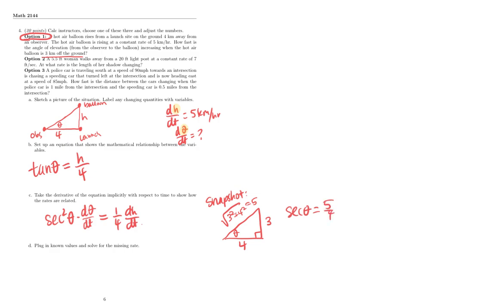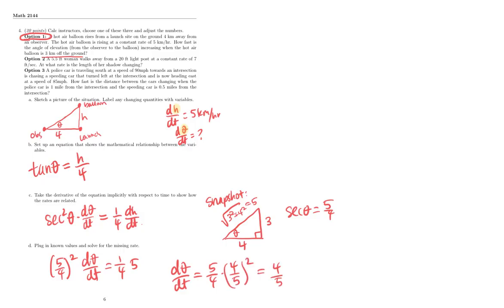So I'm going to plug in my known values to solve for the missing rate. So I'll have (5/4) squared d theta dt equals 1/4, and then dH dt I know is 5. So I can multiply that over, and I'll get d theta dt is equal to 5/4 times (4/5) squared, which is equal to 4/5.